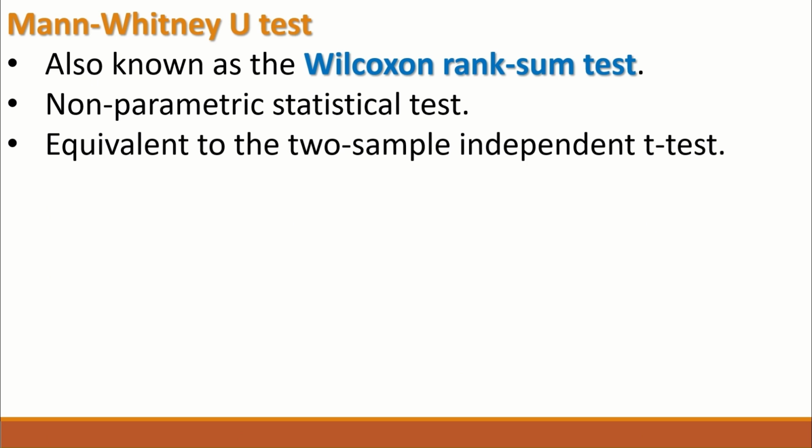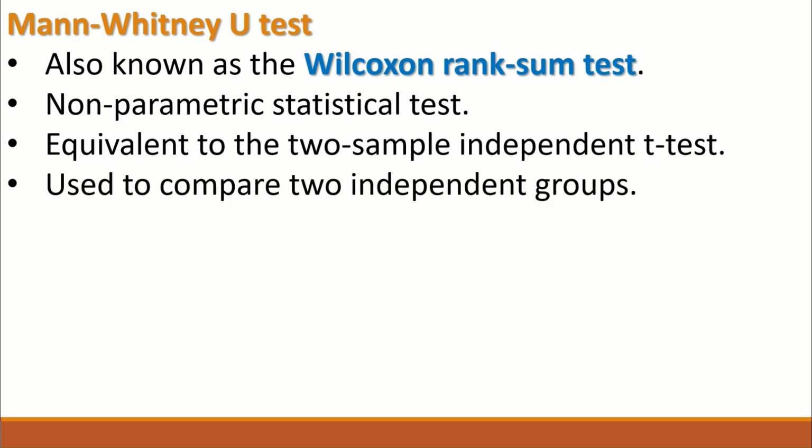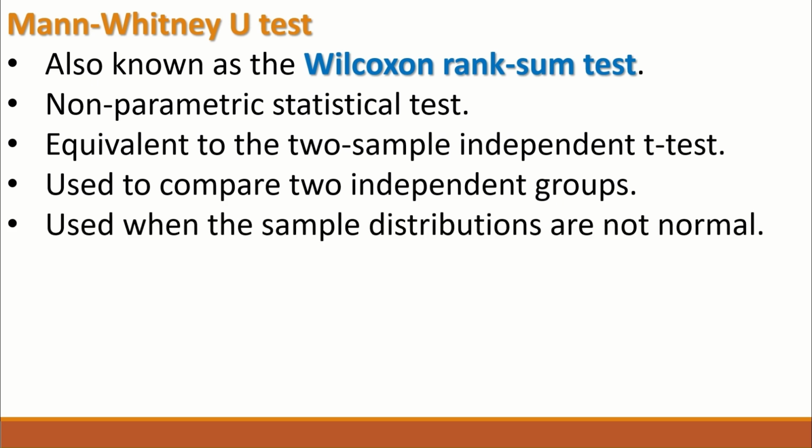The difference is that the Mann Whitney U test is only used for data that are non-parametric. So it is used to compare two independent groups, and it is used when the sample distributions are not normal.